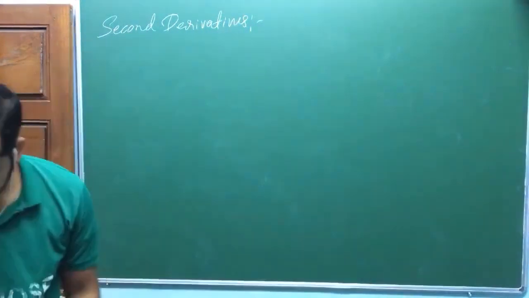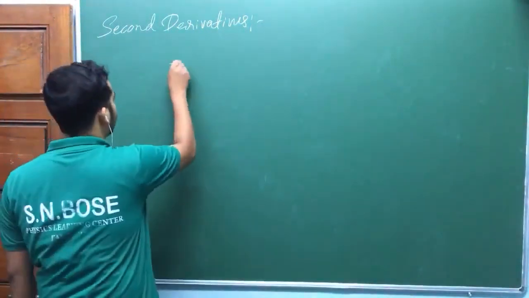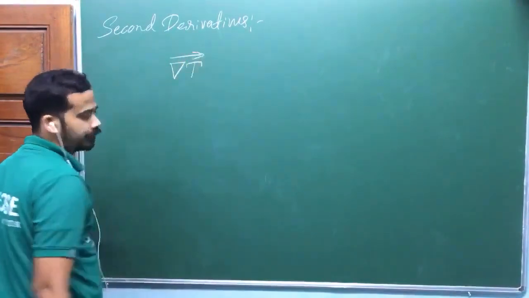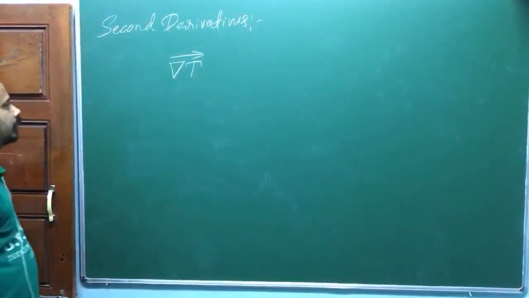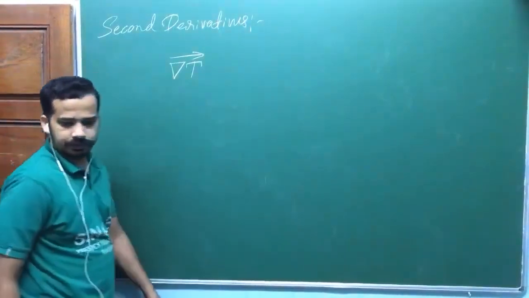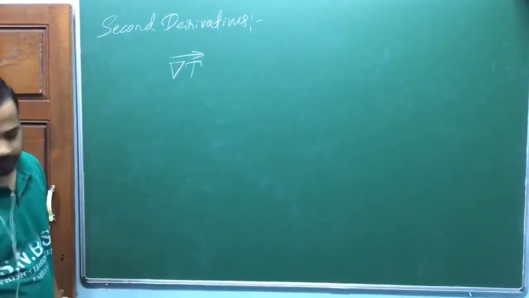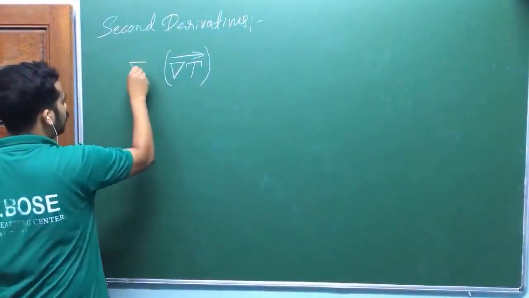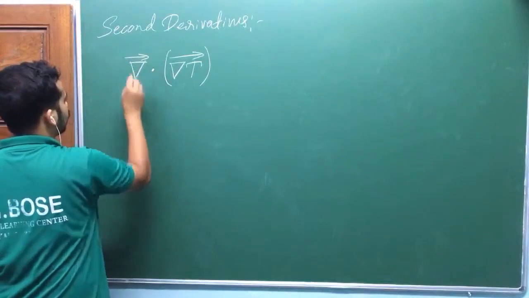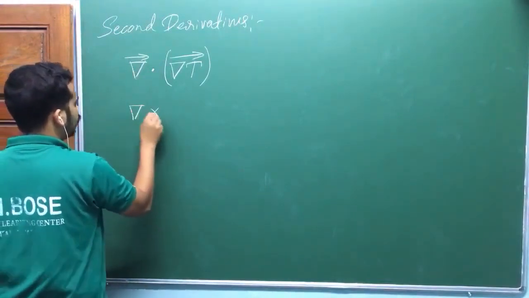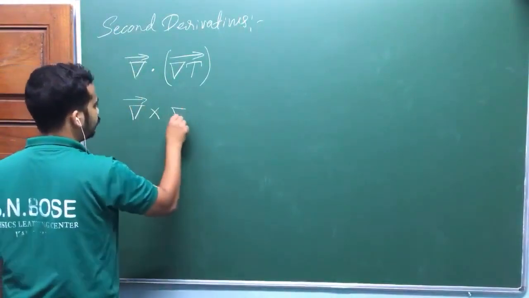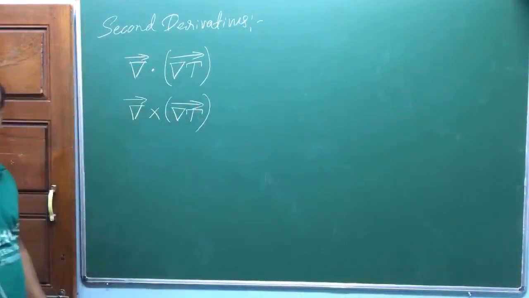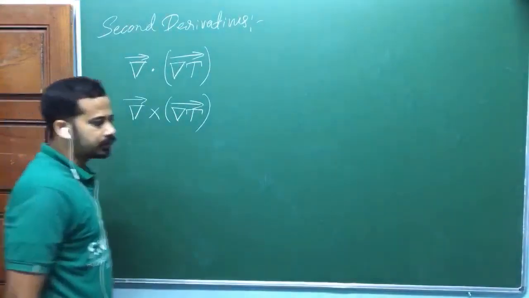Okay, second derivatives. So we have started with a gradient, am I right? Gradient of a scalar field, isn't it? Now this is a vector, am I right? Speak out, this is a vector. You can do two things with a vector: one is divergence of a vector, the other one is curl of a vector, am I right? These two are possible second derivatives.